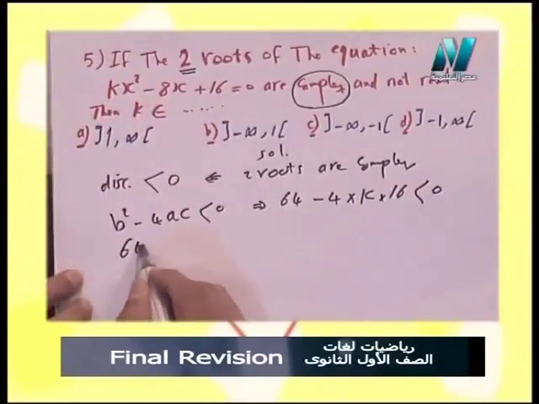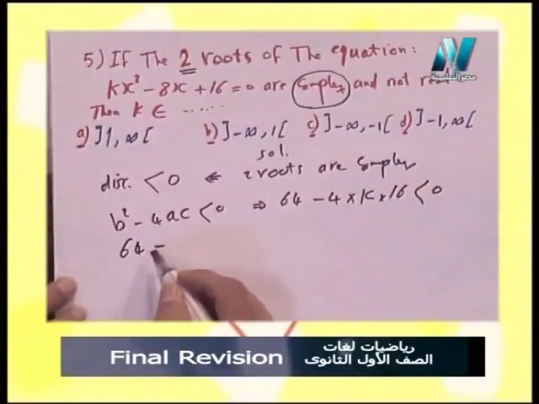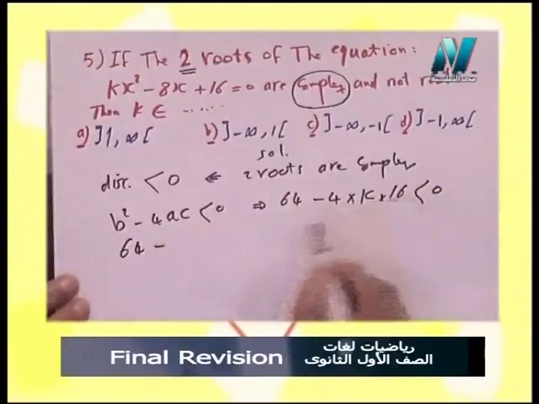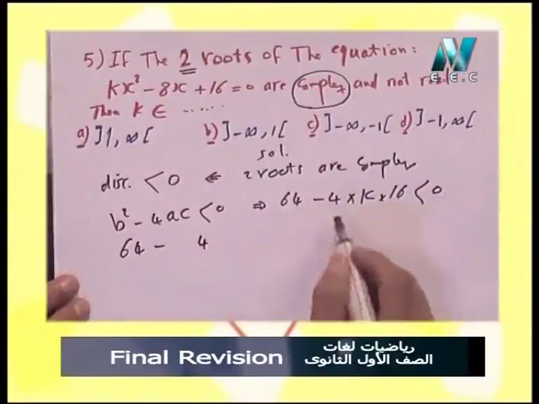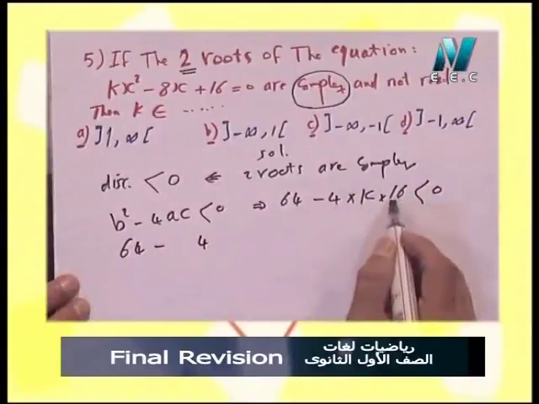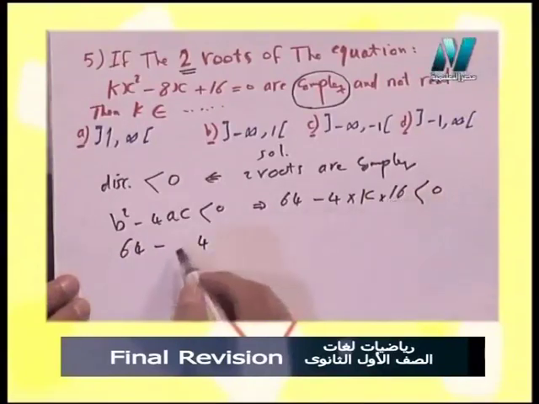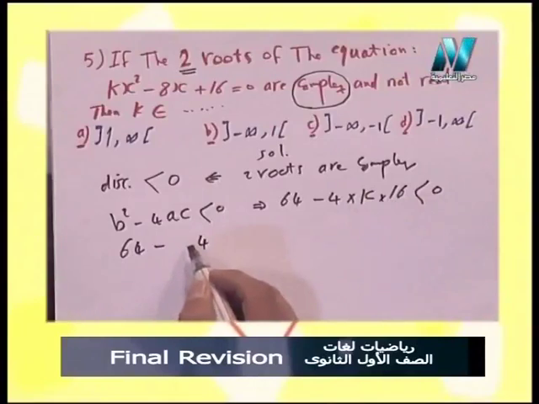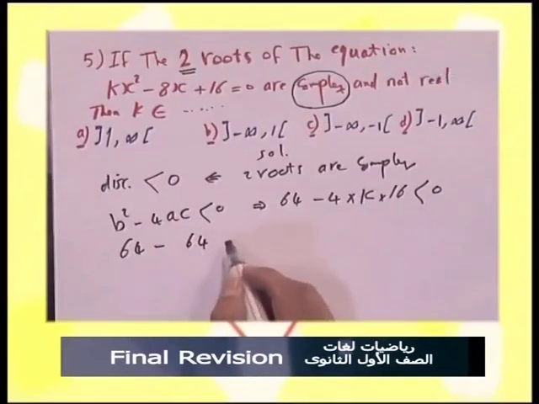So 64 minus 4 multiply 6 equal 24. 4 multiply 1 equals 4, and we have 4 before. So we have 64 also less than 0.